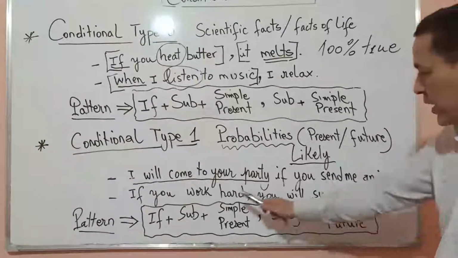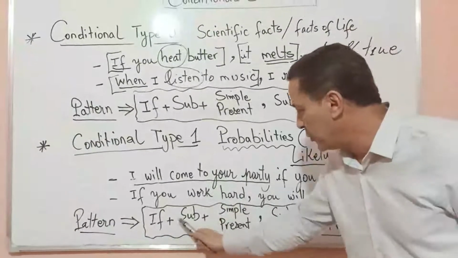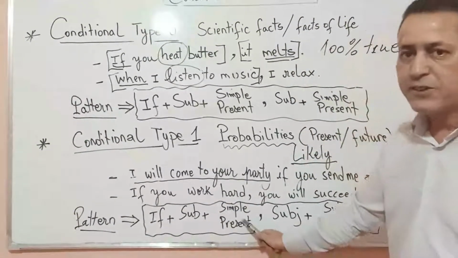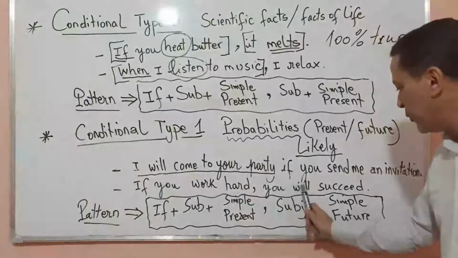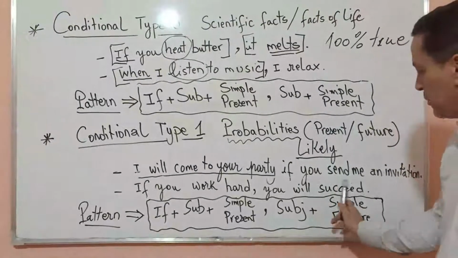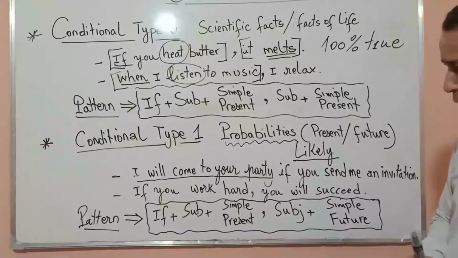If you work hard, the verb "work" is in the simple present; you will succeed. "Will succeed" is the simple future. We have the modal verb will plus the base form of the verb.